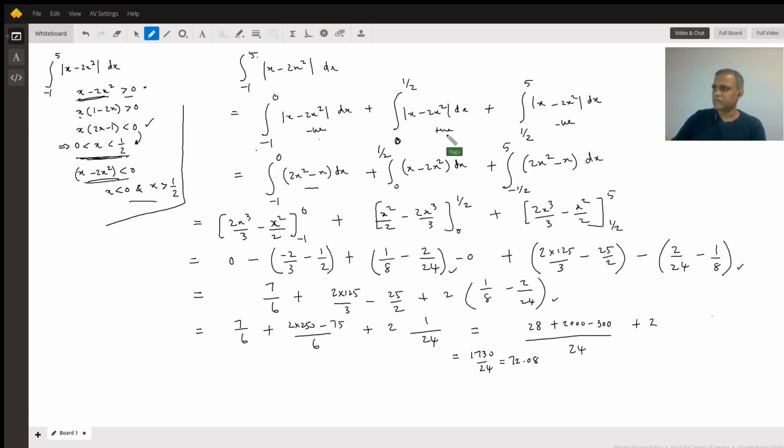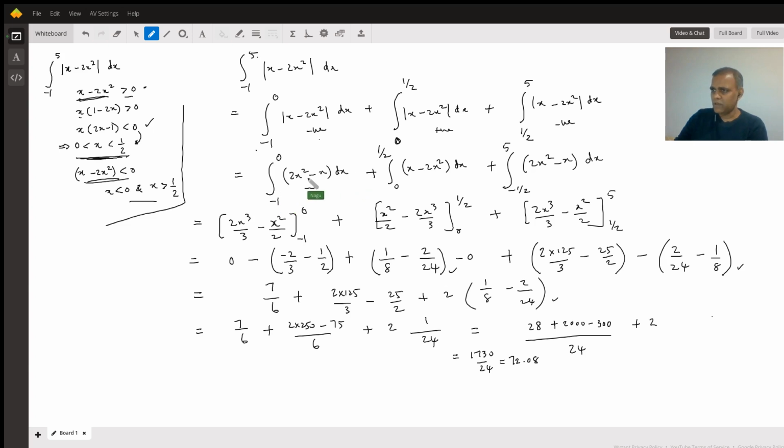And since this is positive, the modulus value is the same, x minus 2x squared. And since this is negative, to make it positive, for the third term, we have to multiply the expression with -1. And we end up getting 2x squared minus x again for the range half to 5.